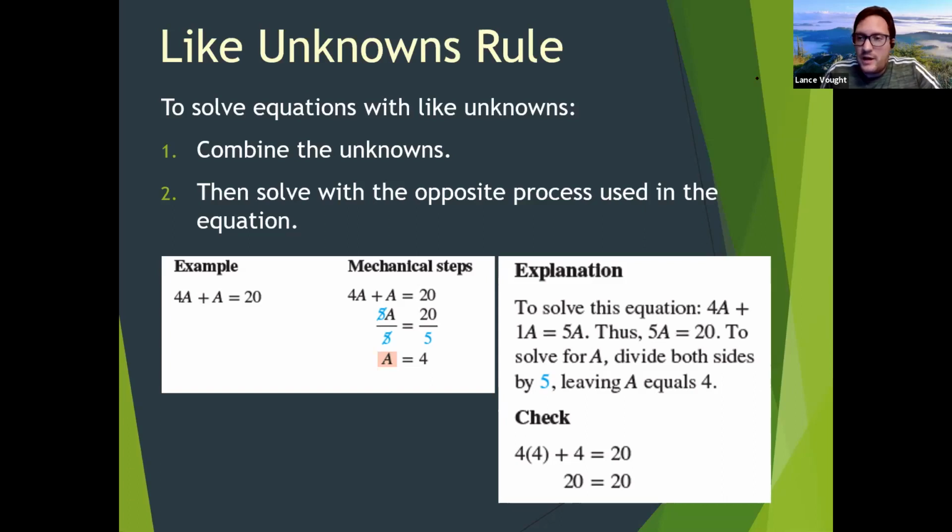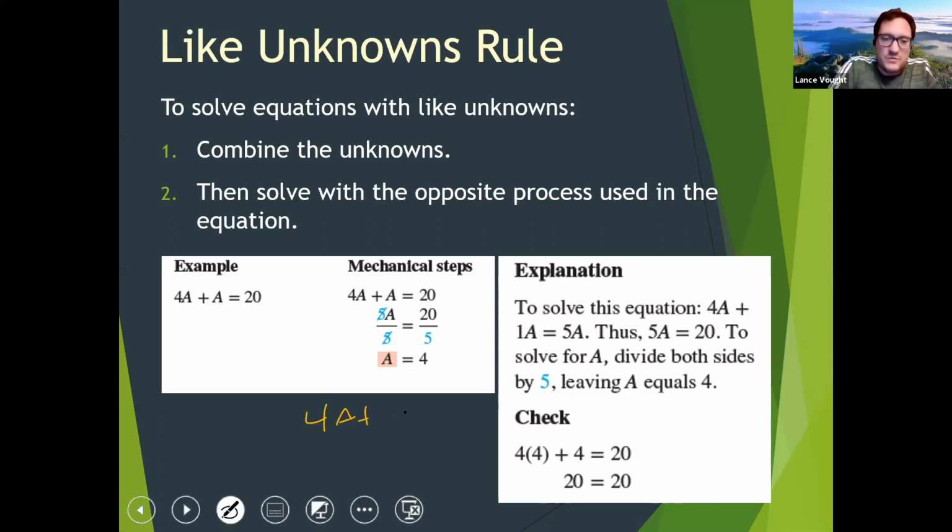So if you have 4a, that's basically 4 of a, and then a by itself is 1a. So you add basically the scalars together. So you get 4a plus 1a, which is 4 plus 1 times a, and you get 5a. So if 4a plus a equals 20, well, this is 1a, so you end up with 5a equals 20, divided by 5 on both sides, a is equal to 4.